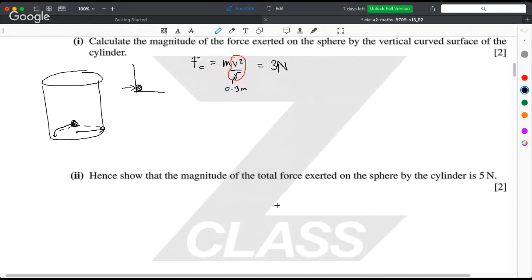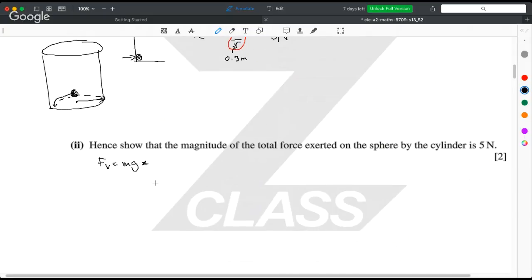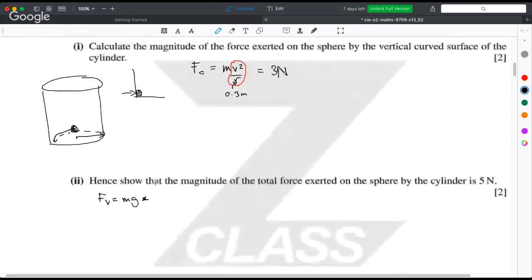So now we're going to have to consider firstly the force we've already found, and also the force from the bottom of the cylinder on the ball. Well, that's just going to be whatever is required to keep the ball from rising into the air or sinking into the ground. So it's going to be exactly equal to the weight. So the vertical force is equal to mg, which is whatever g is times the mass, so that's going to be 4 newtons.